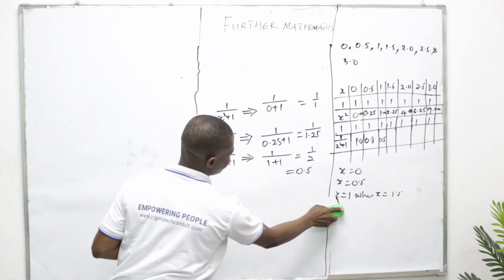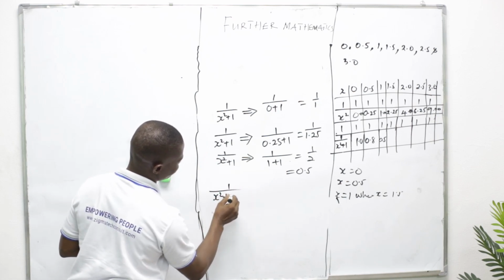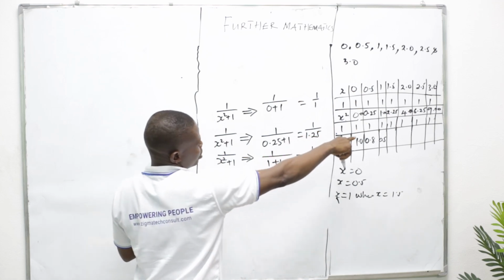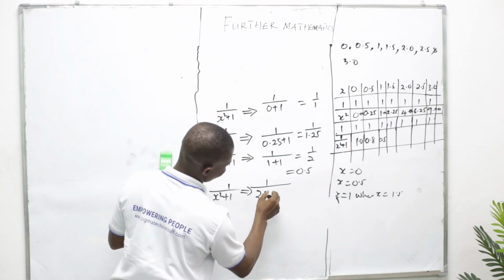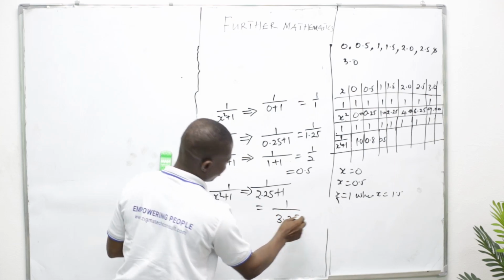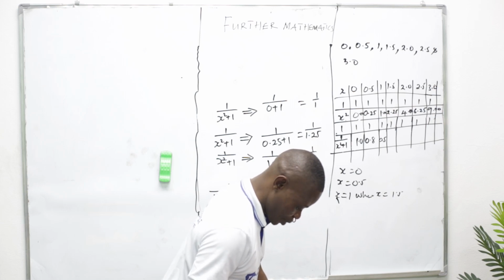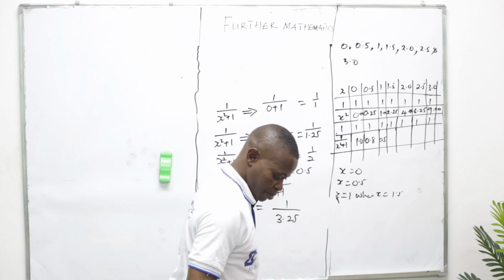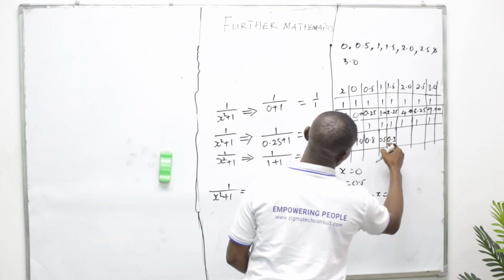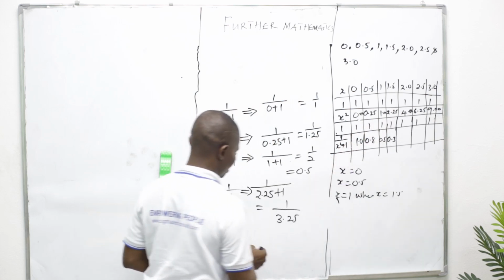If s is 1.5, we'll have 1 all over s squared, there is 2.25 plus 1 to give us 1 all over 3.25. Press or compute 1 all over 3.25, 0.30, that's 0.3.